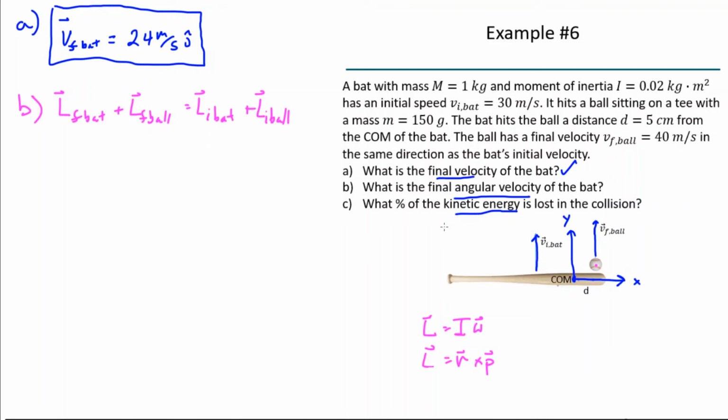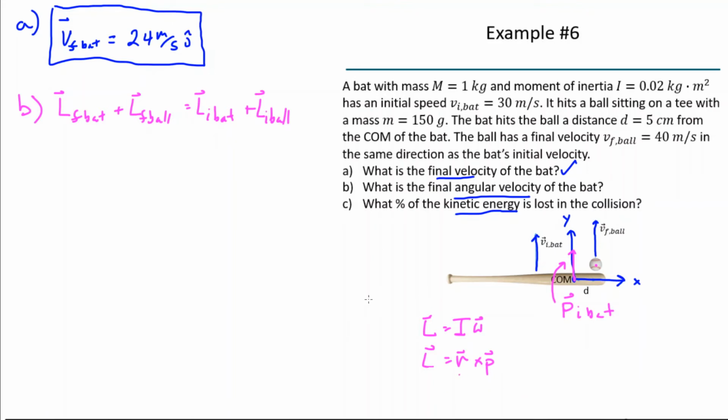Now, for the initial angular momentum of the bat, well, the bat isn't rotating before it hits the ball. And if we treat the bat as a point particle, its momentum, P initial bat, is right at the origin of the coordinate system.